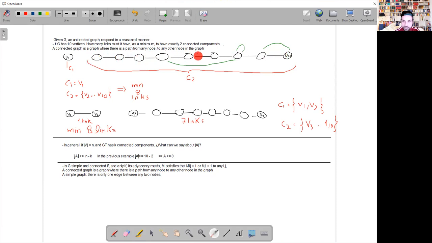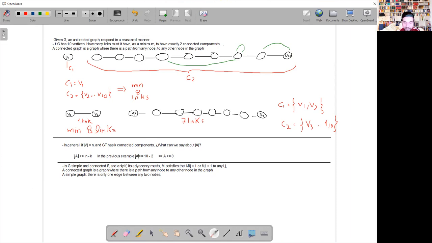And this is simple because we only have one edge between any two nodes. And the adjacency matrix of this graph wouldn't be all ones because this node is not adjacent to V10, for instance.